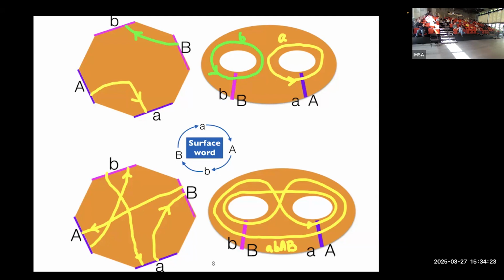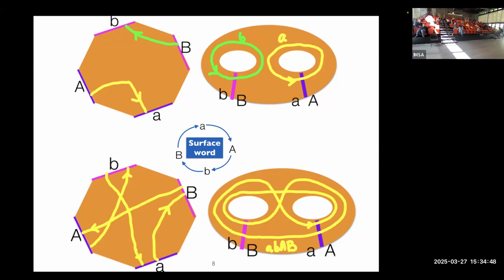So I start here and I cross the edge labeled by a small a. I'm going to record the small a. I know that after a small a, there's always a capital A, so I'm not recording the capital A. So small a, then go around, big B, go around, capital A. Oh, I'm going in the opposite direction of my arrow.